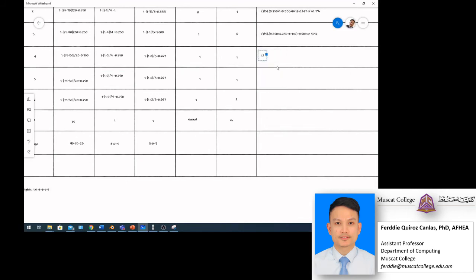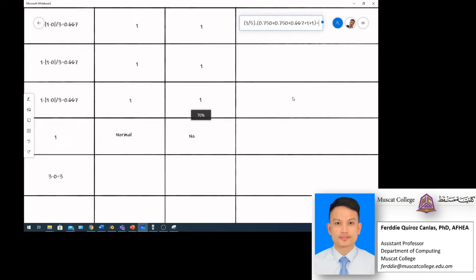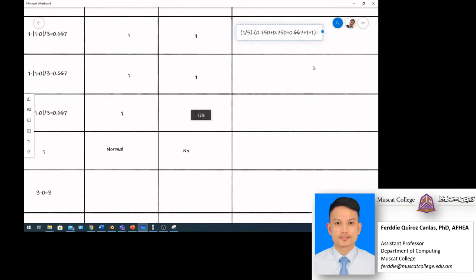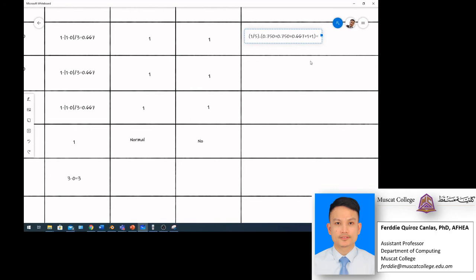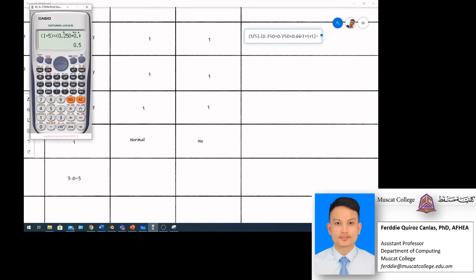This is again 1 over 5 multiplied by, close parenthesis, which is 0.750 plus 0.750 plus 0.667 plus 1 plus 1 equals. Let's calculate this. This is how much?